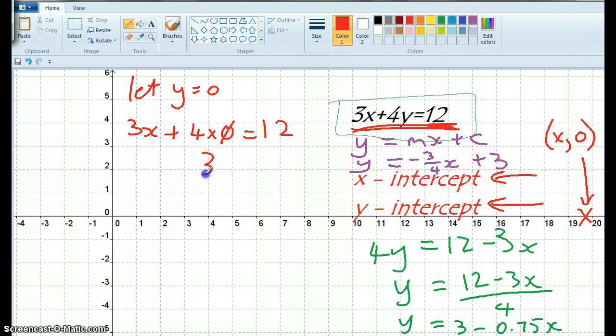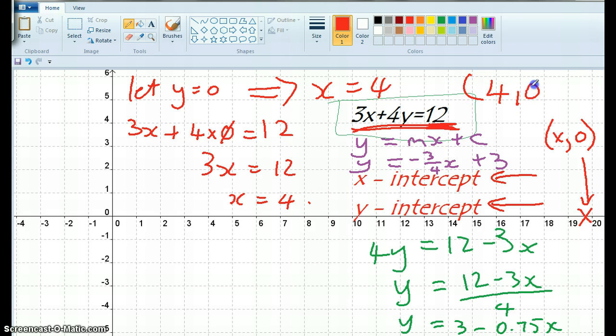So then we get 3x equals 12. So then we get x equals 4. Okay? So when y equals 0, x equals 4. So that's the point (4, 0).